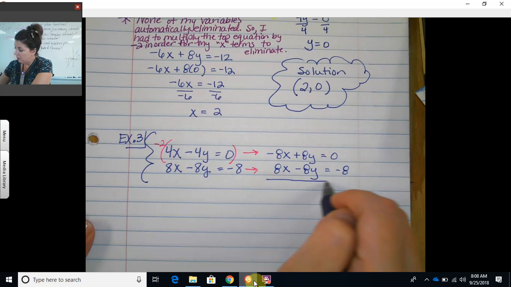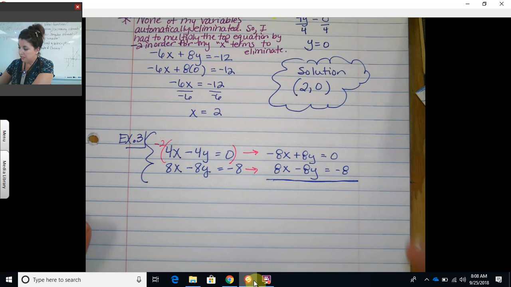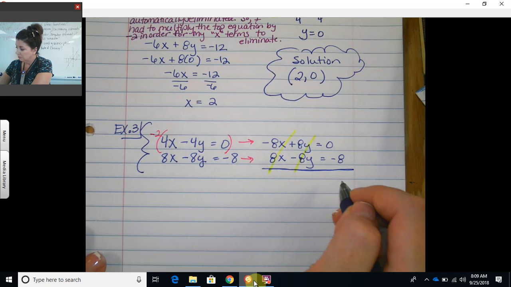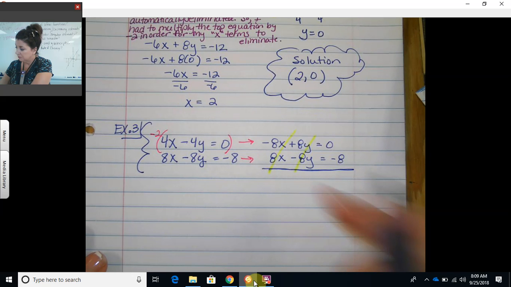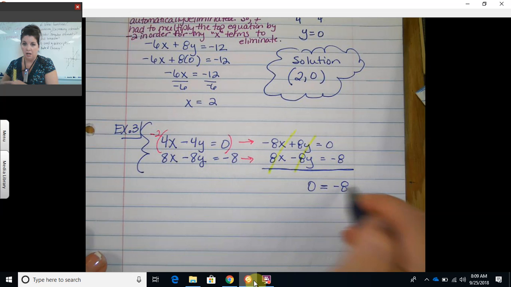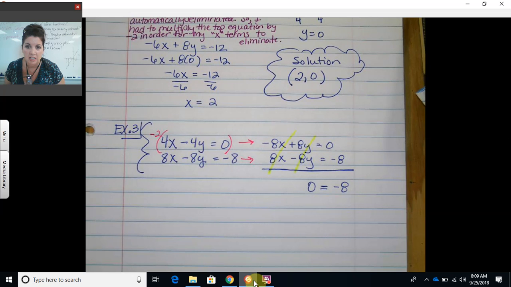So now I will combine like terms. -8x plus 8x is 0. +8y minus 8y is 0. So what am I left with on the left side of the equation? 0 equals 0 minus 8 is -8. All of my variables canceled, and am I left with a true statement or a false statement? A false.